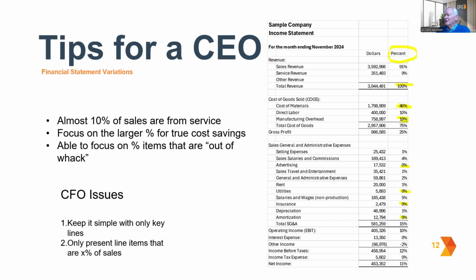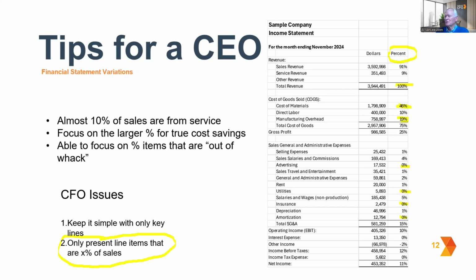There's no need to even look at some of those, providing they stay at a low level. You want to focus on the higher costs that are driving the problems. So, as a CFO issue, I would discuss with my CEO to only present line items that are X% of sales or higher, trying to keep it simple. So, this is a vertical income statement comparison with the percentages.